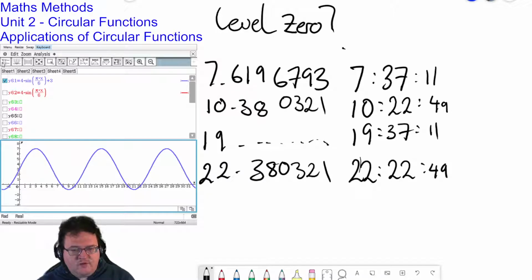So the water level at 5 meters. I can only do stuff with the boat in the dock when that water level is high enough. So I need to find x when y equals 5.